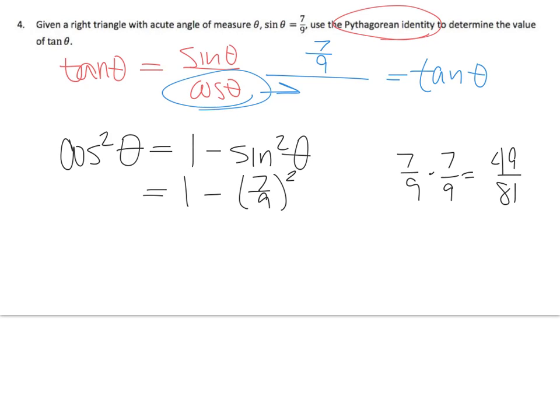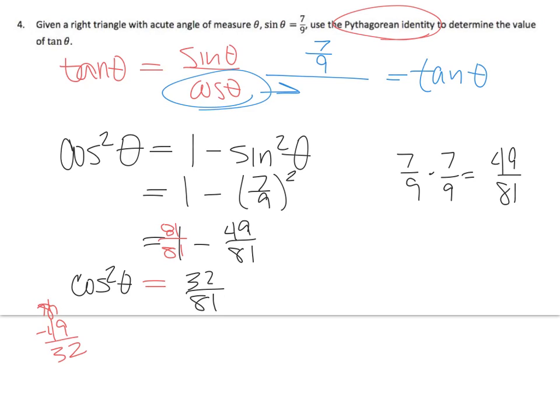So I have 1 minus 49/81. I really need to change 1 to 81/81. 81 minus 49 is 32, so that gives me 32/81, and we're still at cosine squared theta.